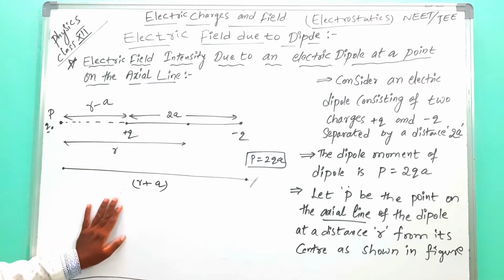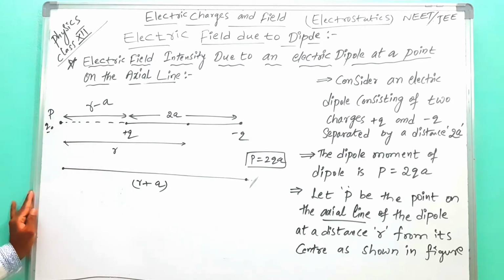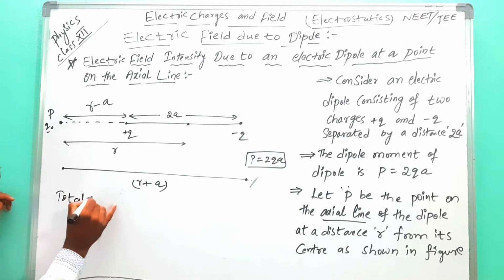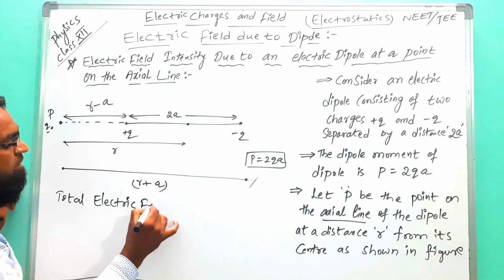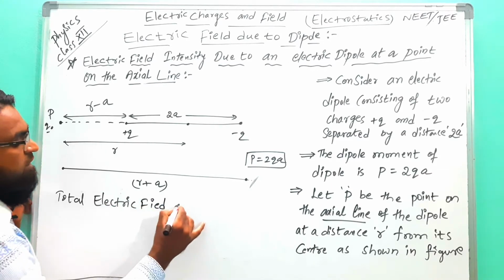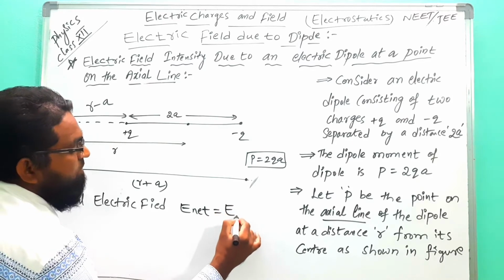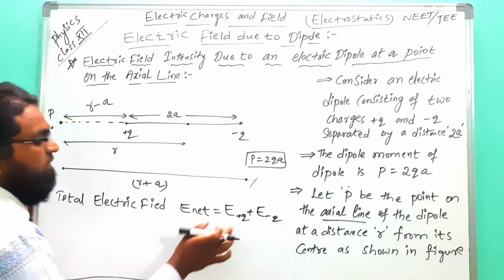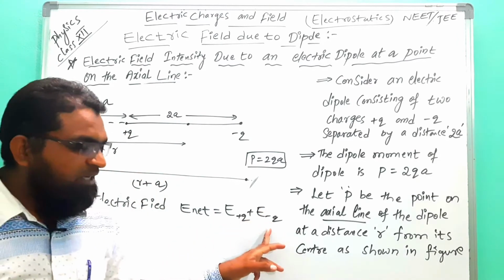We are deriving the electric field now at the p point. So basically here is the electric dipole moment, and the total electric field E net is equal to E positive charge plus E negative charge, the electric field of the positive charge and similarly the electric field of the negative charge.